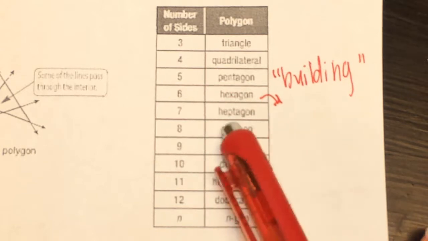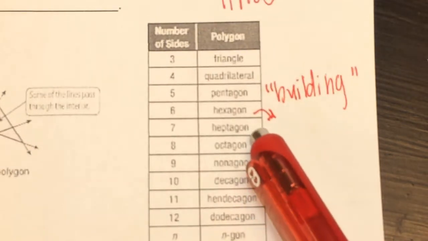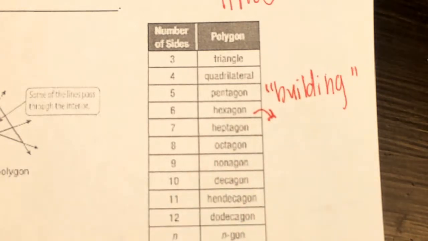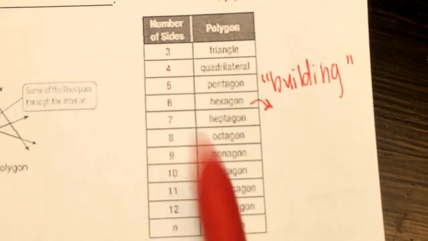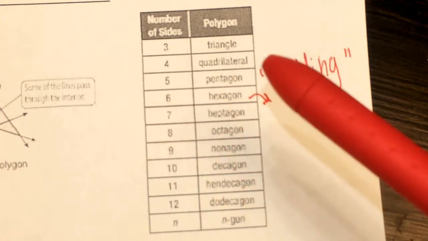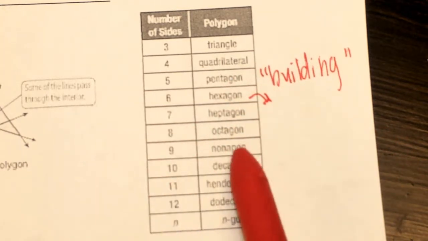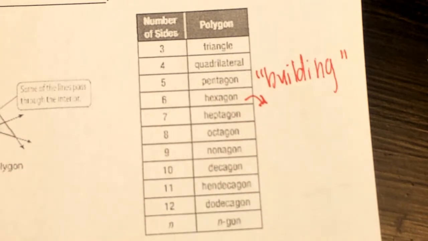Octopus, what are their things called? Tentacles. And don't they have 8 of them? Yes. Nona just reminds you of 9, because N-I-N-E. How many years is in a decade? 10. I have no idea how to help you remember hendecagon. Probably just because it's weird.